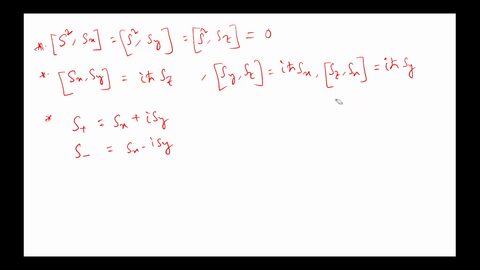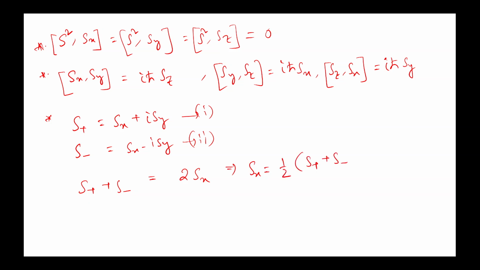Okay, so that is the actual goal. From this you can write that if you take the sum of the first and second equation, you have S plus S minus, which gives 2Sx, and they will cancel out, so you have Sx is equal to half of S plus and S minus.